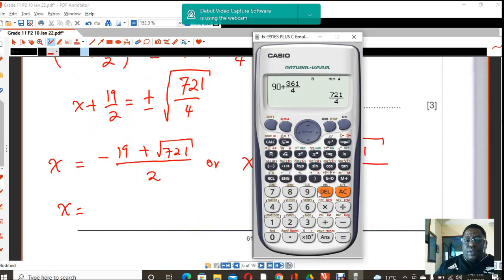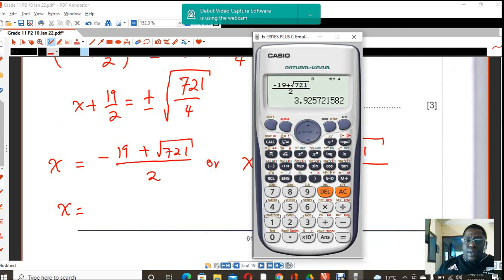Okay, right. So if you look at the first one, you have minus 19 plus square root of 721, you divide that by 2.